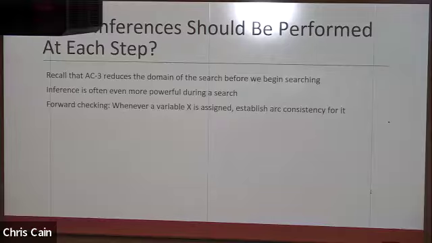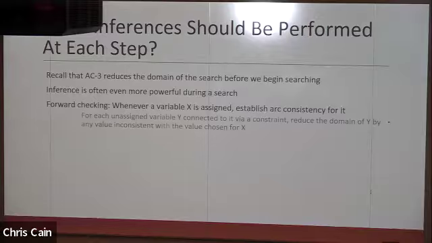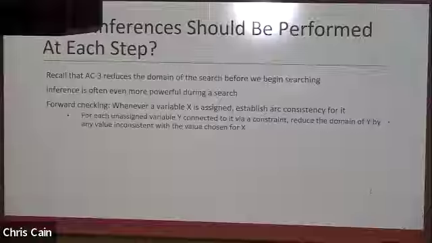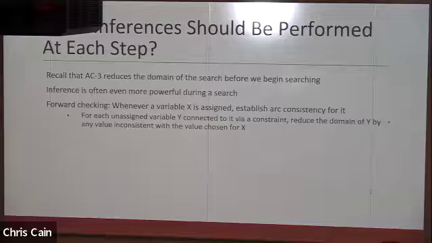So whenever we do a variable assignment, rather than just continuing and searching through that space, then do arc consistency. Make an assignment, check arc consistency. Make an assignment, check arc consistency. For everything that's connected to the variable that you assign, you're going to reduce the domain by any value inconsistent with what you select.